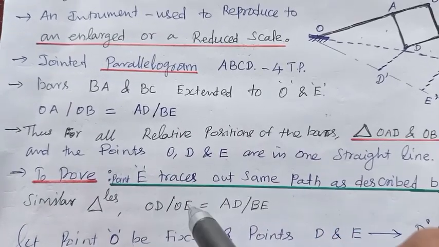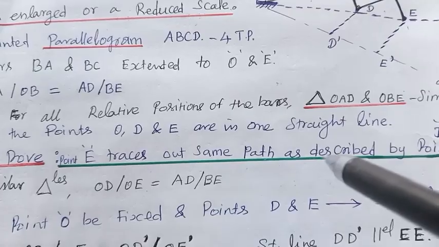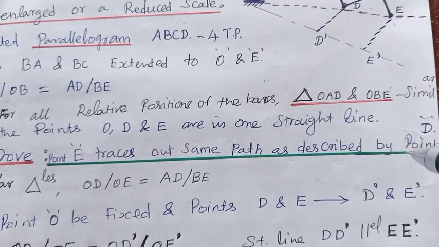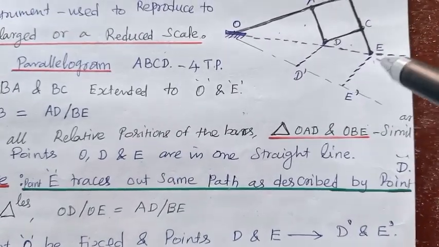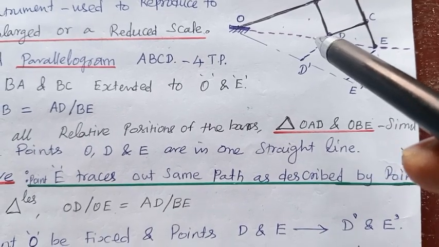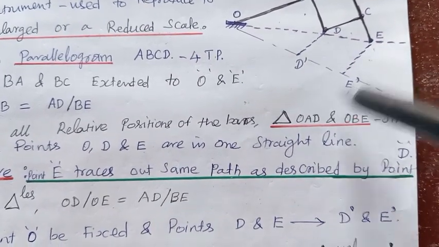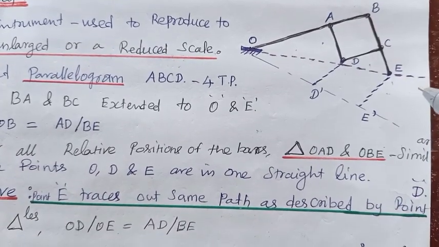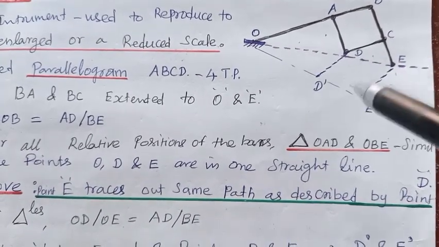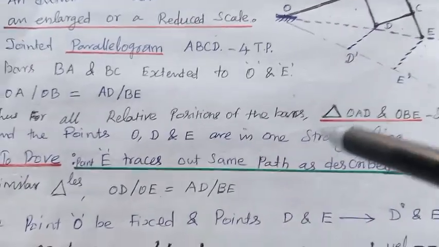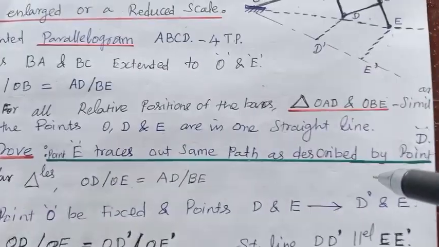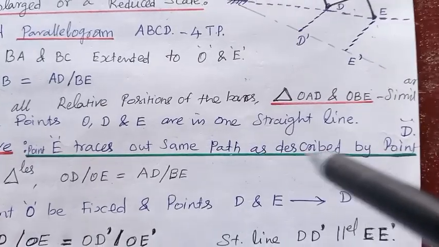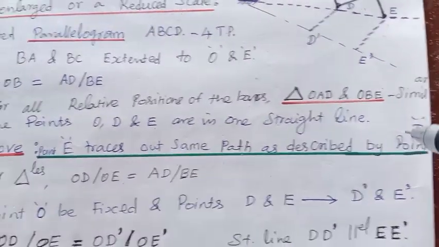To prove: the point E always traces out the same path as described by point D. E always follows the path of D. This is what we prove.